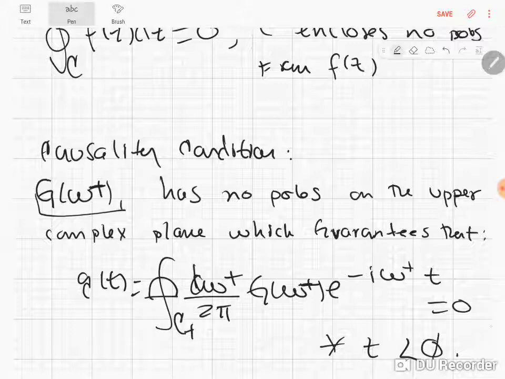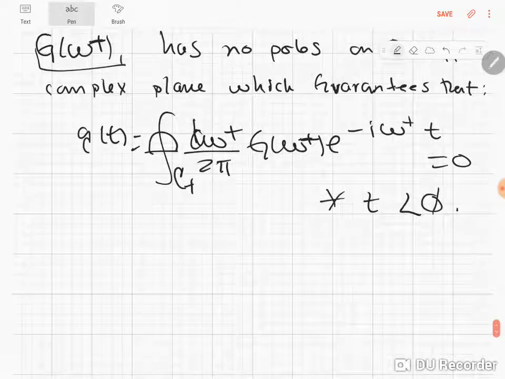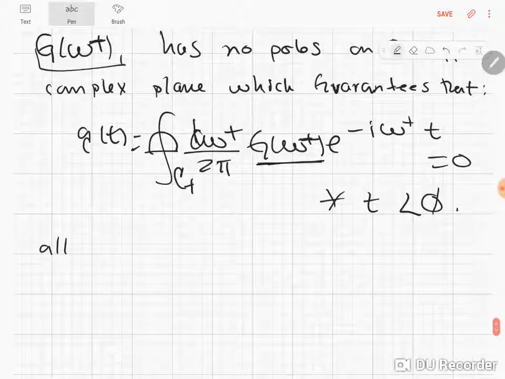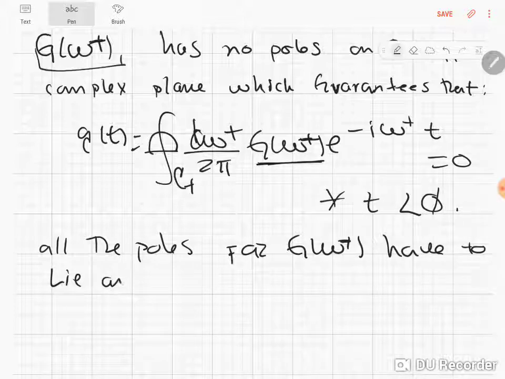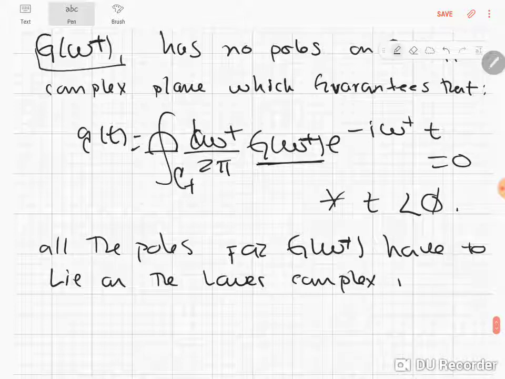Which leaves us a very important condition. For causality to be guaranteed, all the poles of g of omega plus have to lie on the lower complex plane. This is the condition for constructing G of omega.